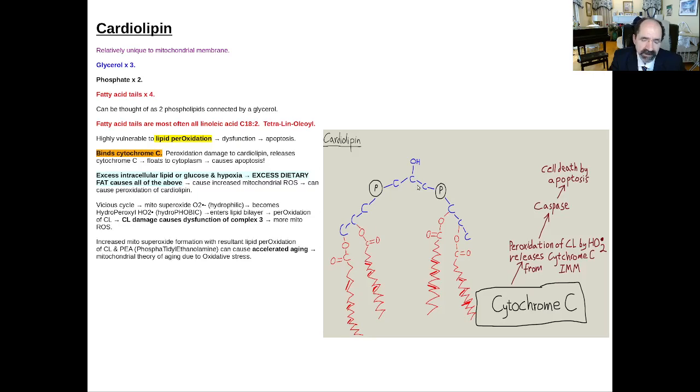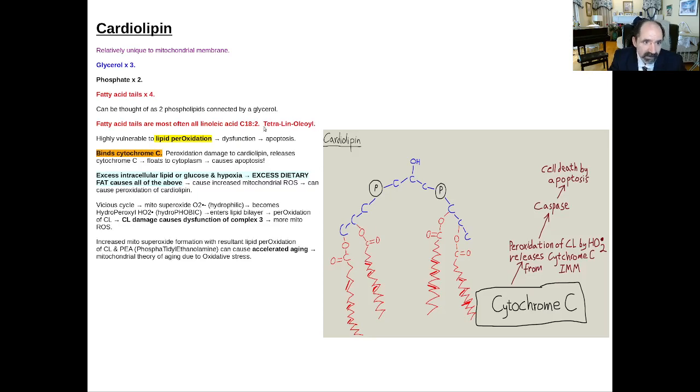And the reason it's a big deal is that it will have these fatty acid tails that are typically a PUFA, polyunsaturated fatty acid, meaning more than 1 double bond. I was in a hurry and I drew 3 double bonds in here. There really should only be 2, because typically it's going to be linoleic acid. As a matter of fact, when there's 4 of them, they'll call it tetralinoleoyl.